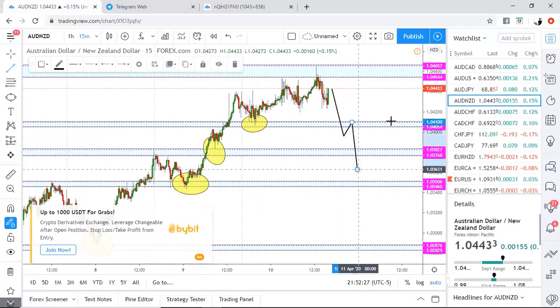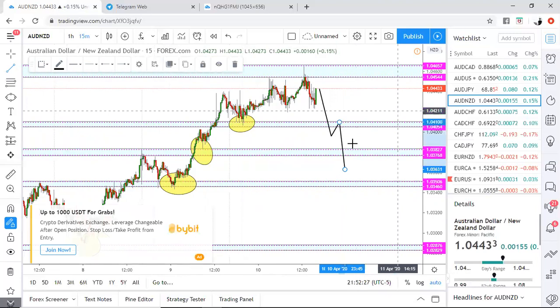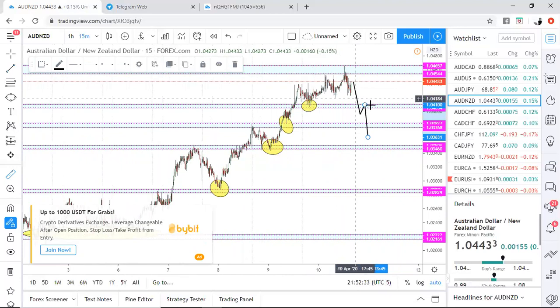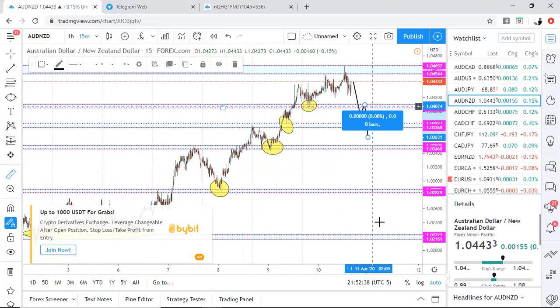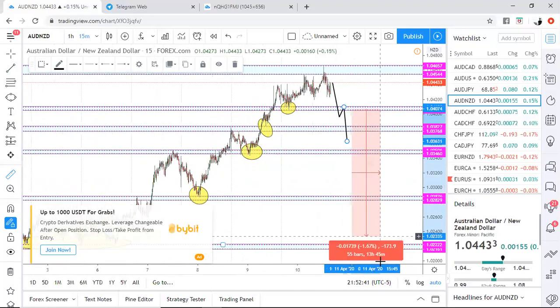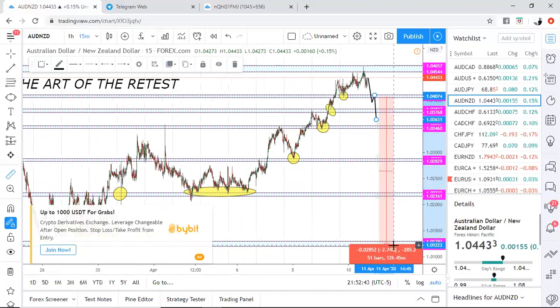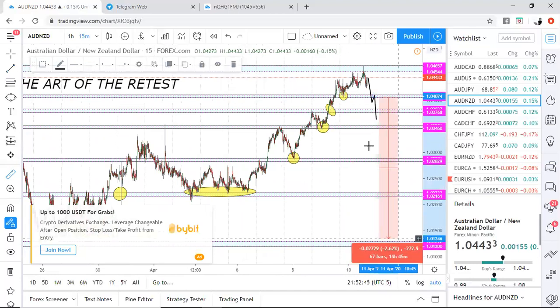And then we can see that continuation. Maybe this is a shift of momentum, and maybe, just maybe, we can see this price move from here all the way back down to that lowest low for about 180 pips, 200 pips, 285. So this is trading, guys, and that's how I look at it.